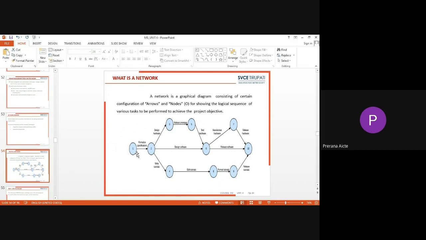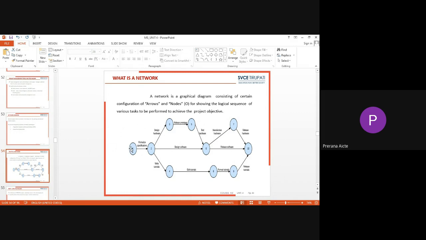Here, this example is based on the activity on arrow method, and we observe this second node, node 2. This node 2 is also called event 2. This event 2 is the ending point of activity 1, where activity 1 is simply the formalized specifications, whereas the circle representing node 1 is event 1.